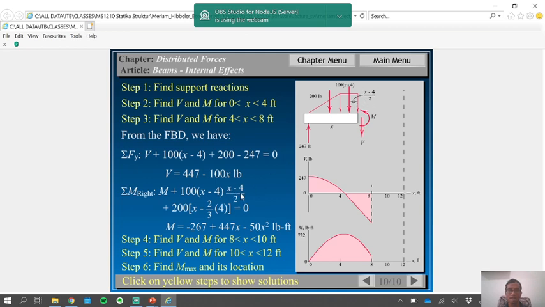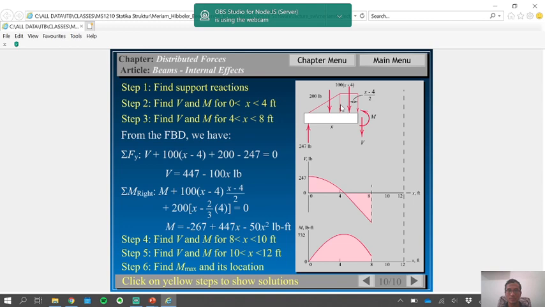plus 200 multiplied by the distance from the right edge. The distance from the right edge will be x minus 4, this one, plus 1/3 from the fourth.